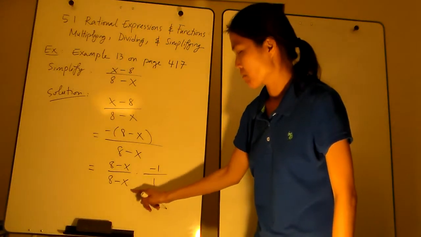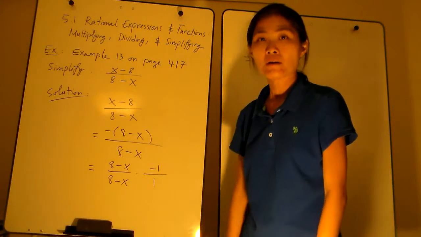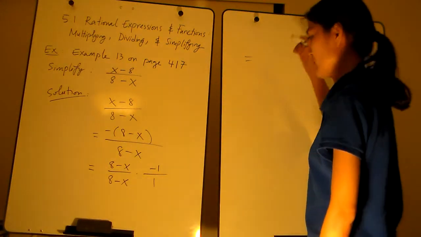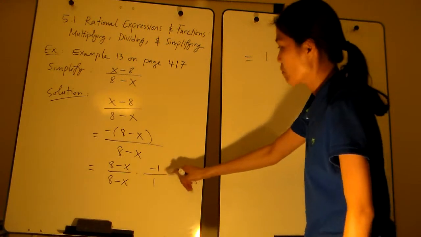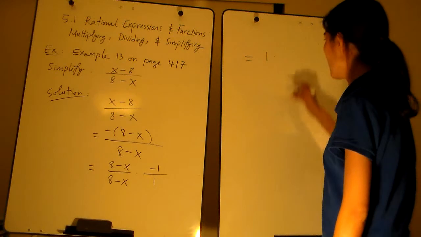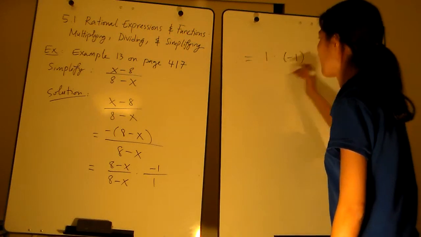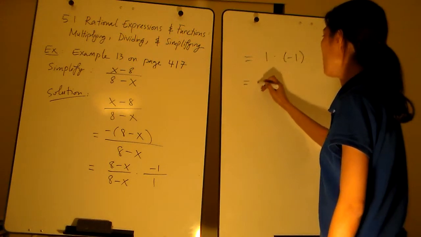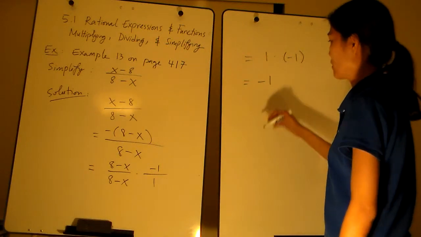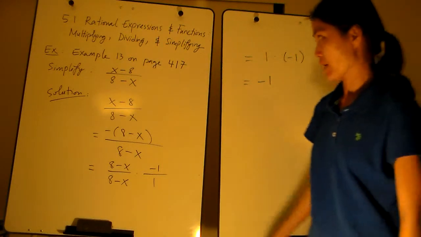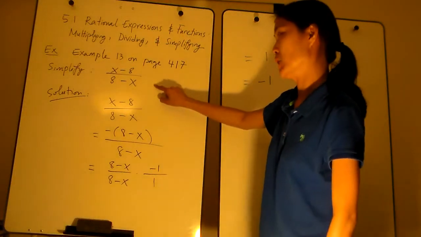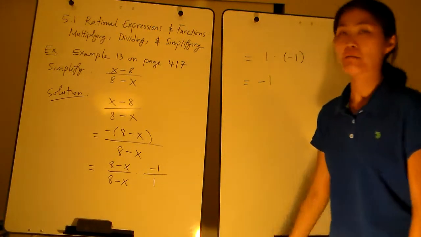A minus x divided by a minus x is 1. It is a factor of 1. So 1 times -1 divided by 1 is -1. So the answer is -1 for simplifying this rational expression, x minus a divided by a minus x.